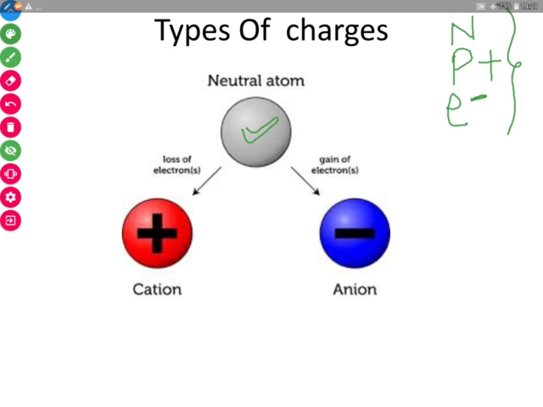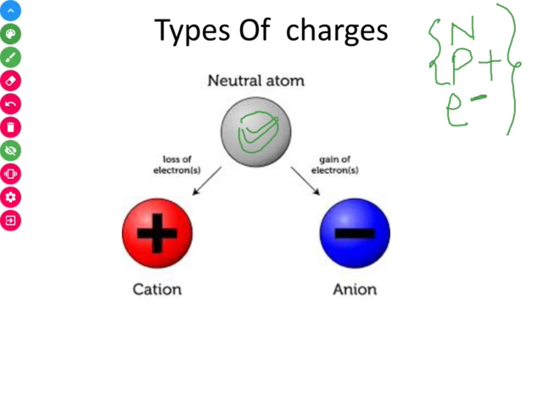Among all these three, proton and neutron remain inside the nucleus, and that is why the nucleus is positively charged. Because neutron has no charge and proton has positive charge, the nucleus contains protons as well as neutrons.